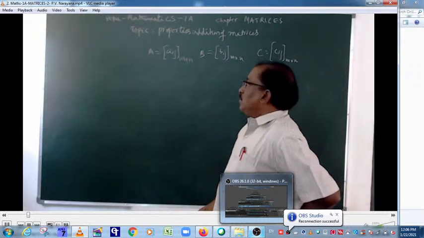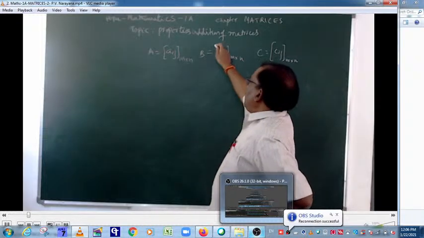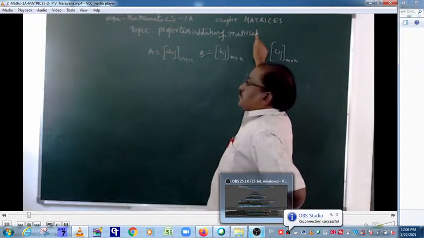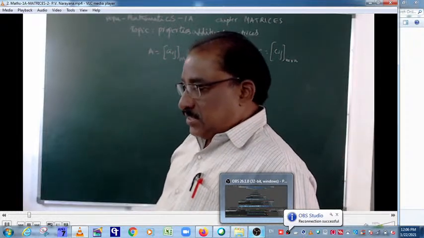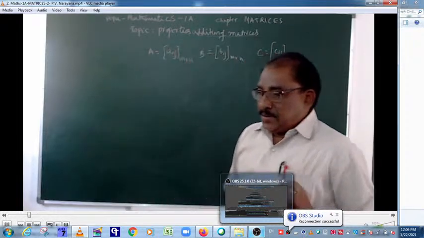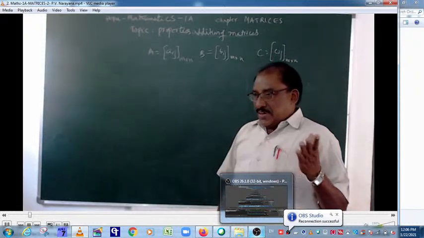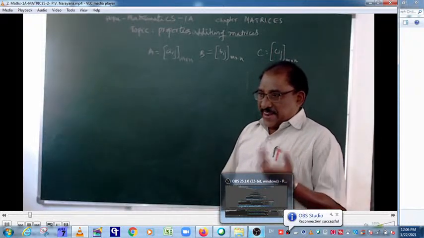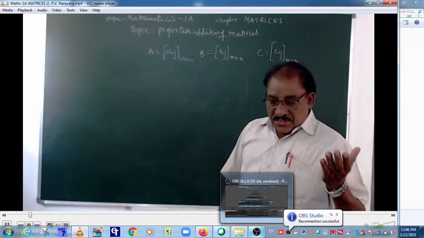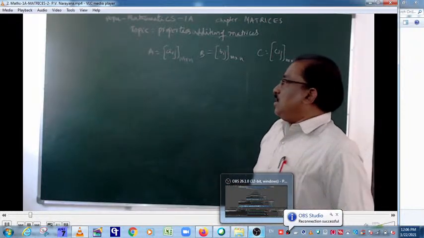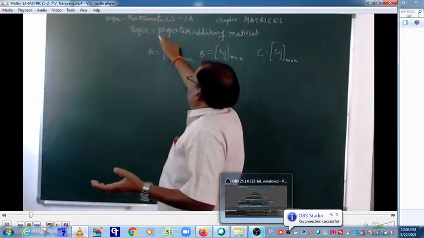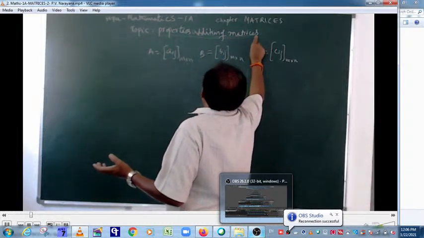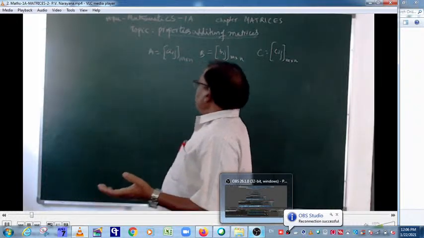Here, our topic is properties of the addition of the matrix. The addition of matrices is possible when the orders of the matrices which are being added are the same. I want to find the properties of the matrices.